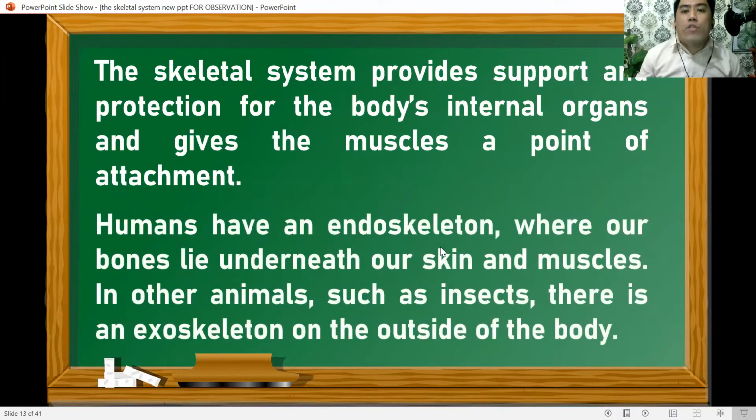Humans have an endoskeleton where our bones lie underneath our skin and muscles. So ang tawag sa atin, ang mga tao, ang human and some animals ay mayroong tinatawag na endoskeleton. Ibig sabihin nasa loob ang ating buto. In other animals such as insects, there is an exoskeleton on the outside of the body.